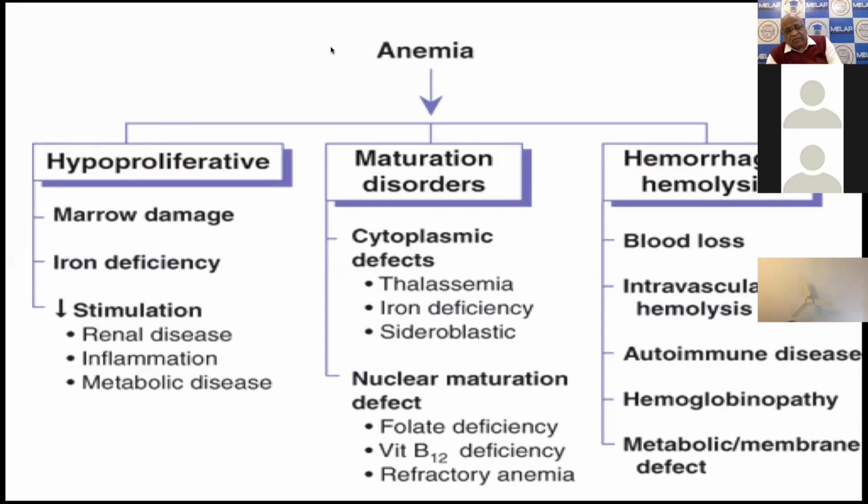And in case of marrow cause, in hyperproliferative, here I would like to stress one thing. If the marrow is hypoplastic, don't jump to the conclusion that some drug is causing bone marrow suppression, or it is hypoplastic anemia or going towards aplastic anemia. You must rule out the possibility of leukemia.